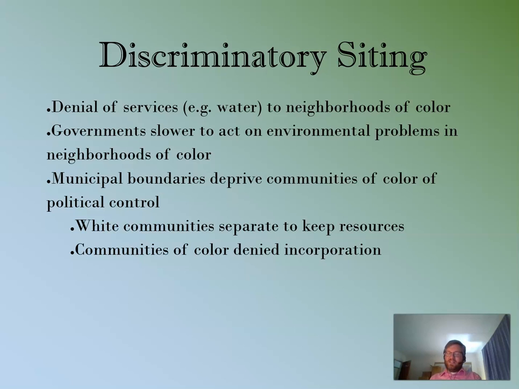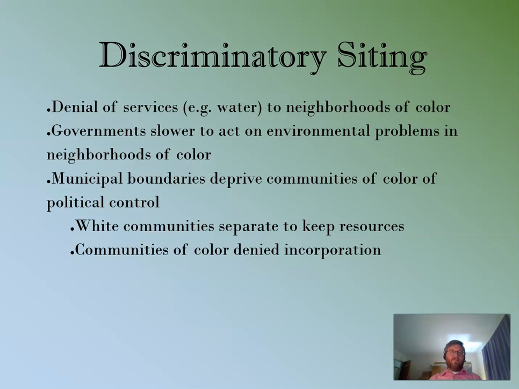If I were to move just a few blocks over across the border into Pittsburgh, then I'd be paying taxes into Pittsburgh, and I'd be voting for Pittsburgh council members instead of Bellevue council members, and so forth. So how those municipal boundaries are drawn can make a difference to people's environmental quality.